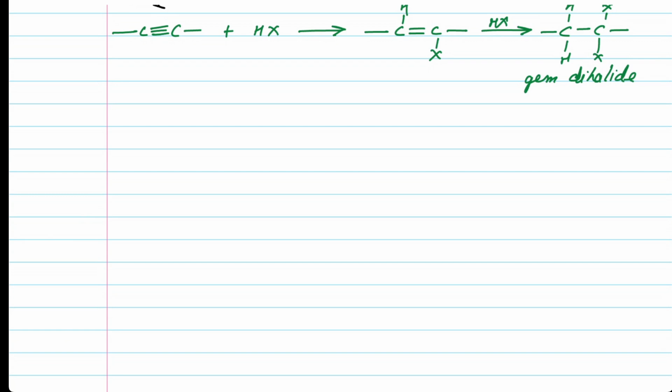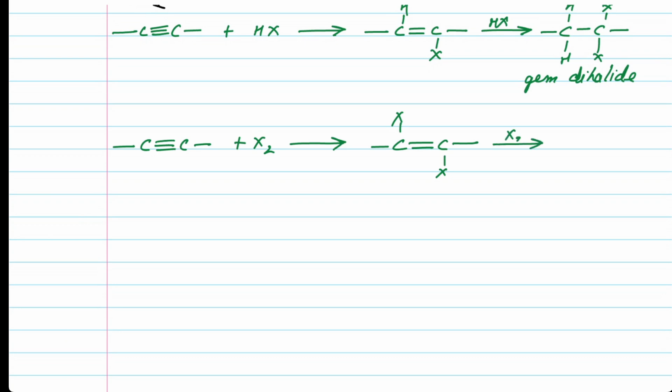Similarly, if we talk about the reaction of an alkyne with X2 in presence of CCl4 or CS2, we get the dihalogenated alkene. The mechanism is the same as we have with alkenes.